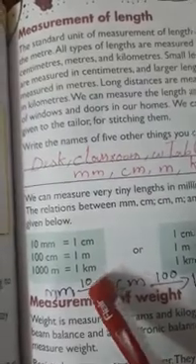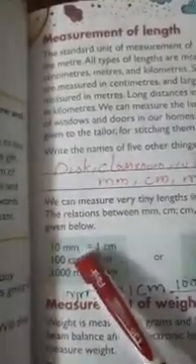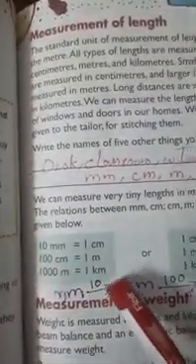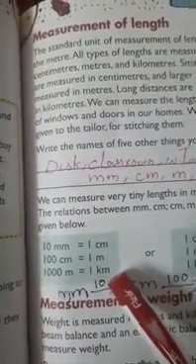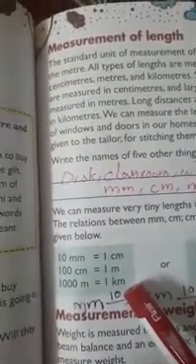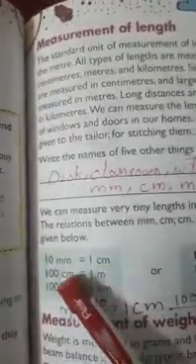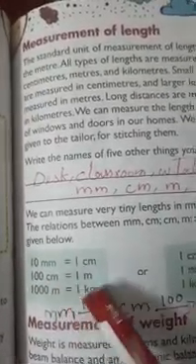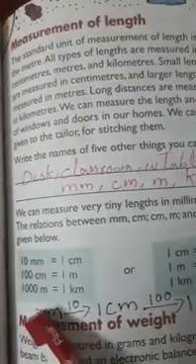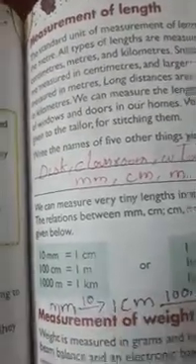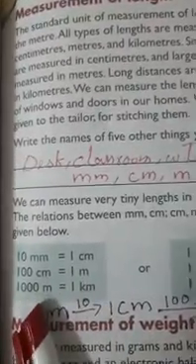Understood, children? The smallest unit of length is millimeter and the biggest unit of length is kilometer. If you are saying something is 1 kilometer far, it means it is 1000 meters far.